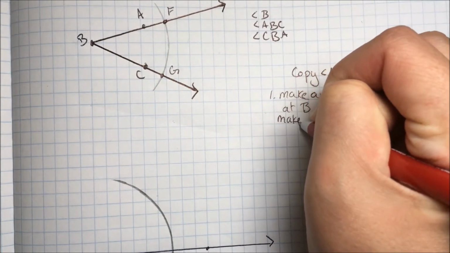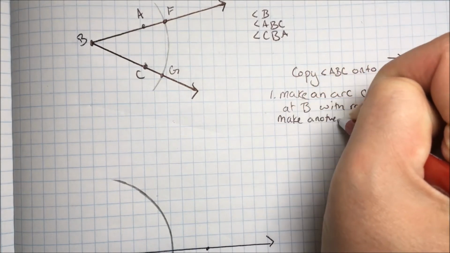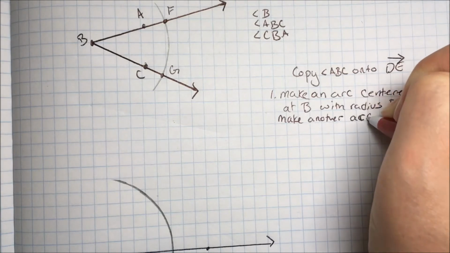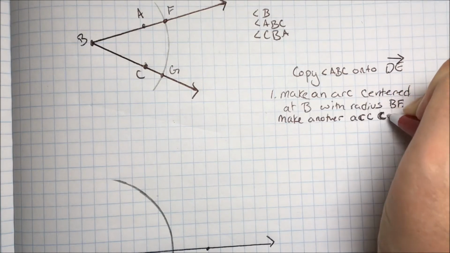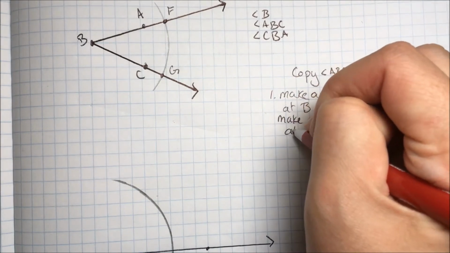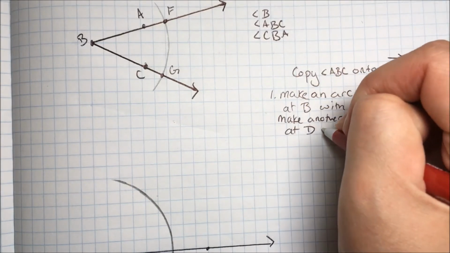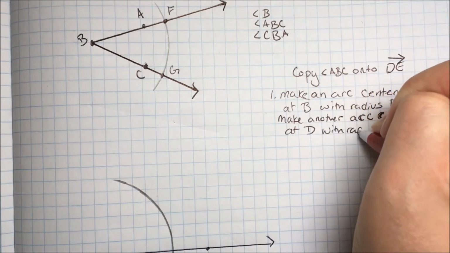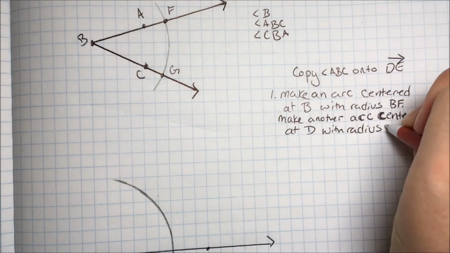Make another arc centered at D with radius BF as well.